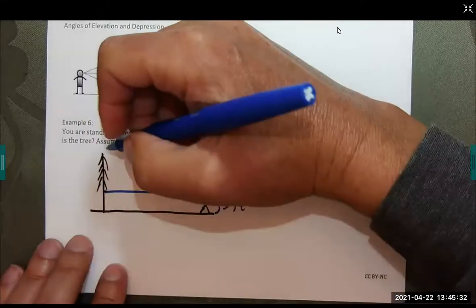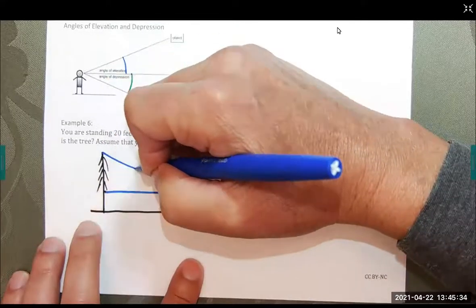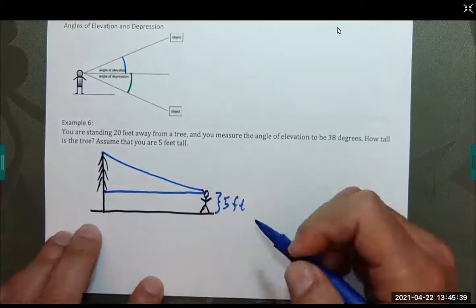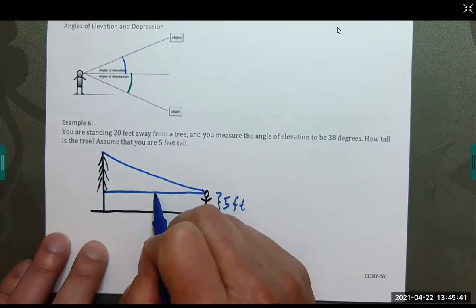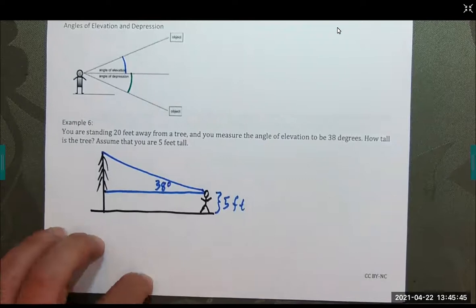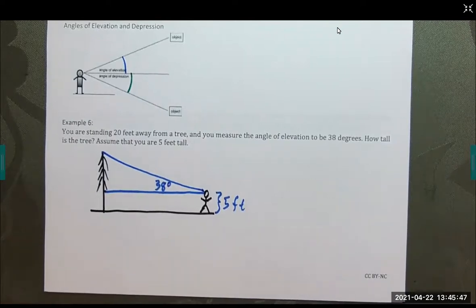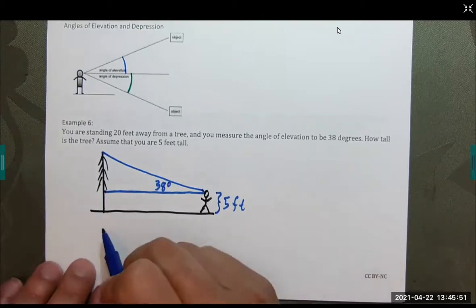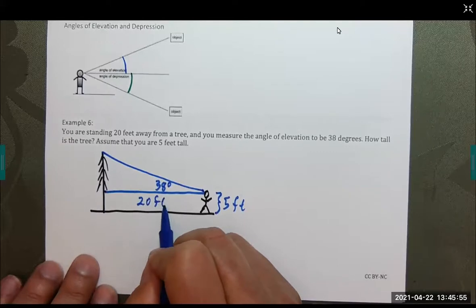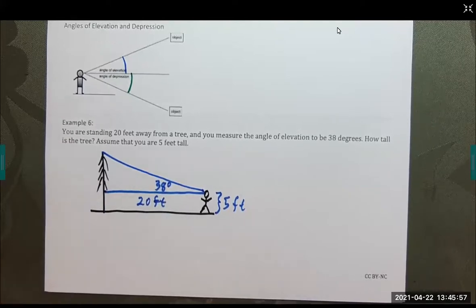And from the top of the tree, you have an angle of 38 degrees of elevation. We also know that you are standing 20 feet away from the tree.